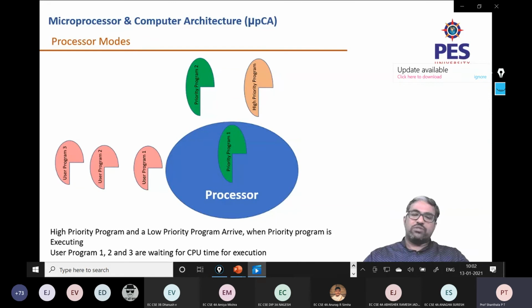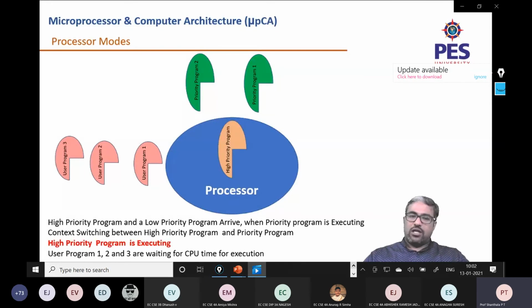Now there will be a context switch between the low priority program and the high priority program. So different modes: at one time I was in the high priority mode, once I was in the user mode, and once in the low priority mode.